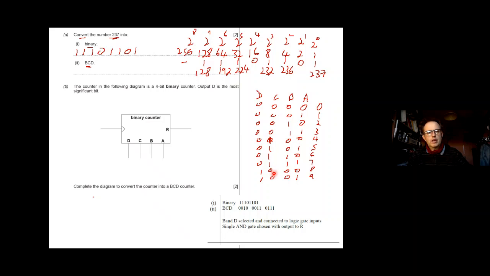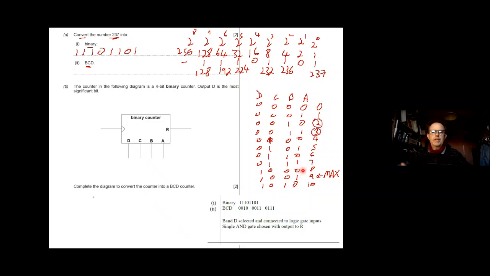What we do then, we break the numbers down. Okay, so if we want to turn that into 237, I'm going to start with the digits. 9 is the max number that I will reach. I don't need more than that when it comes to binary coded decimal.